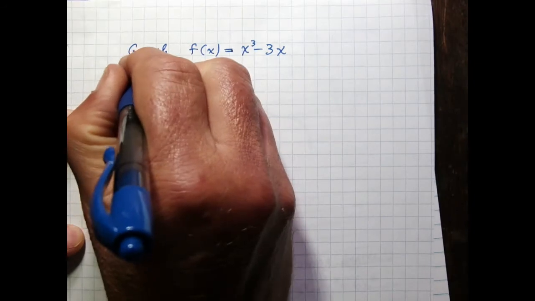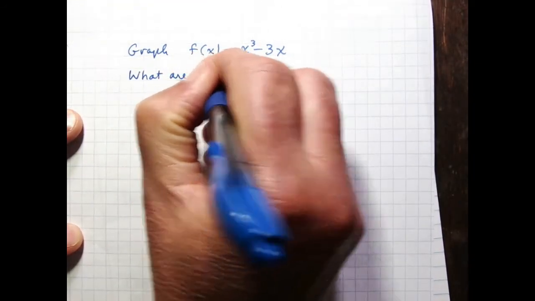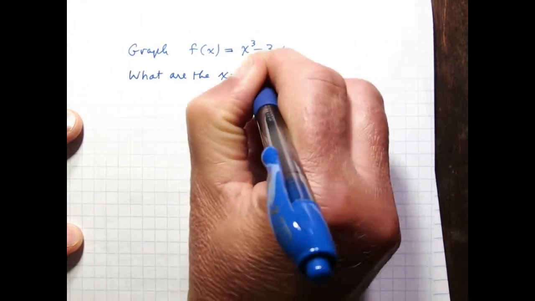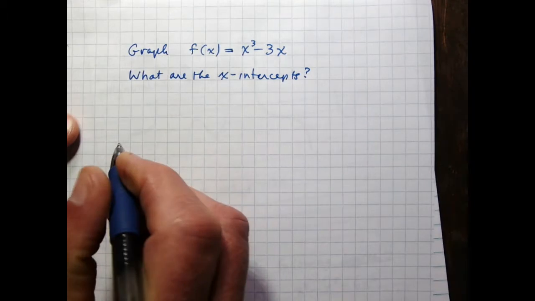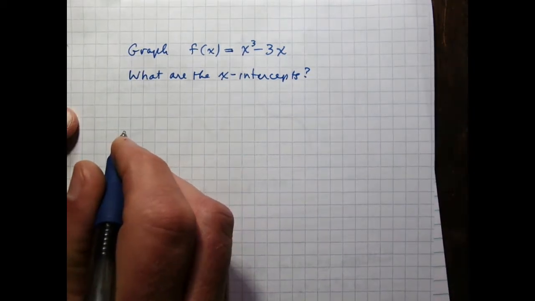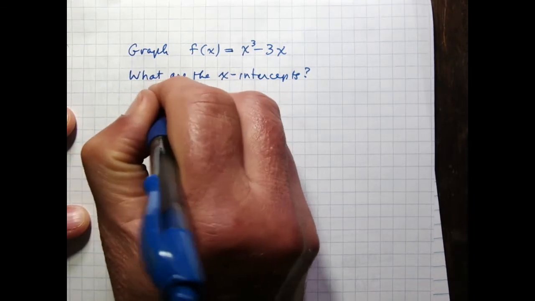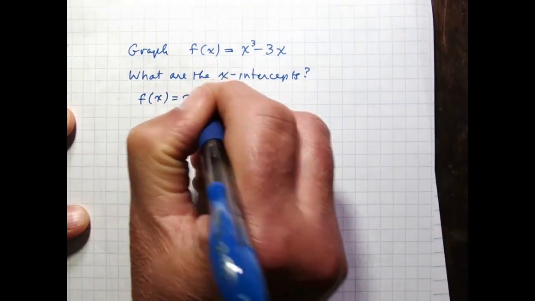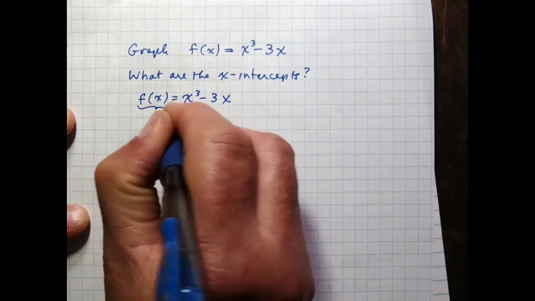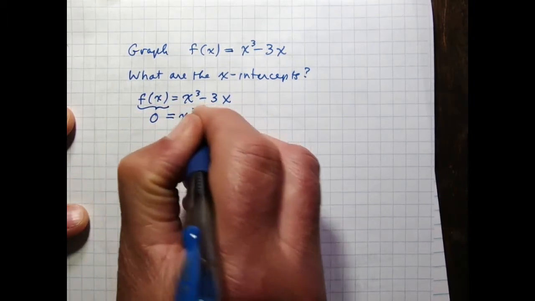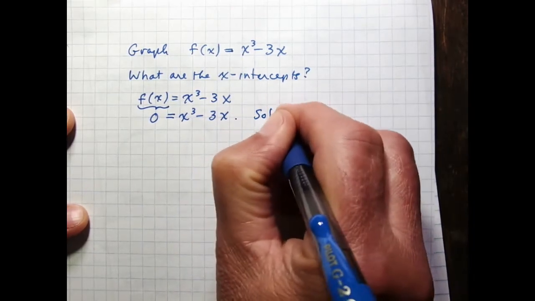So what are the x-intercepts of this graph? Now to get x-intercepts, you got to take the function expression, and we're going to set the output, or f of x, equal to 0, and solve for x.